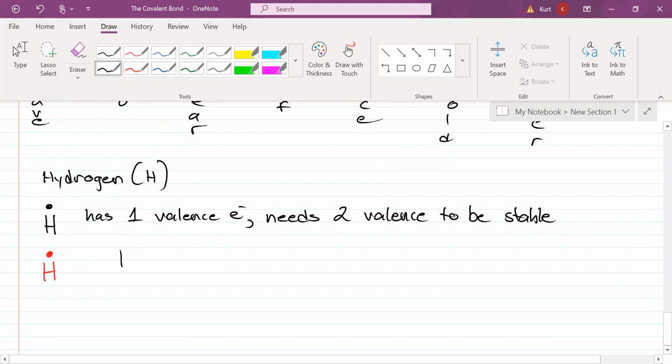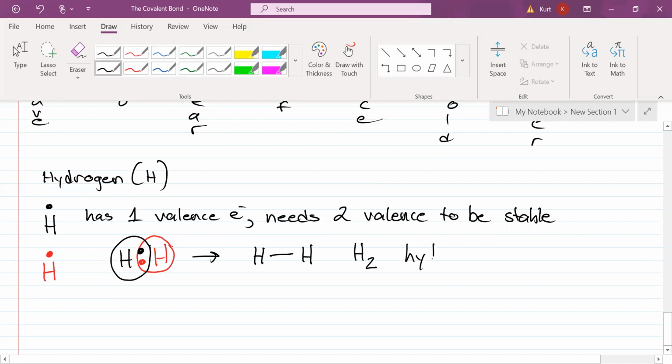So move the electron around a little bit. You're allowed to do that. And let's bring this one over here. So how many valence electrons does that black hydrogen have? 2. How many does that red one have? That's also 2. So we would write it like this. That is called H2.